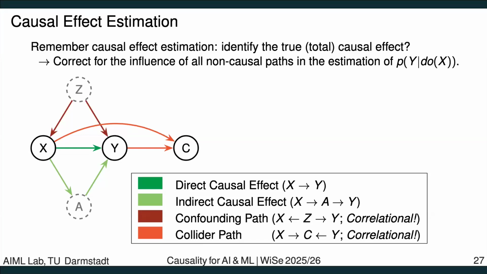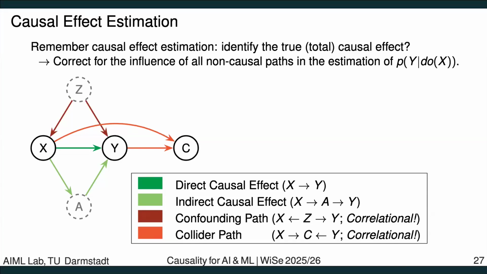We can have collider paths, so basically some variable c that we condition on during our regression, and that then also induces a bias because it closes this collider, graphically speaking. And then again, we can have the direct causal effect that we usually want to have.